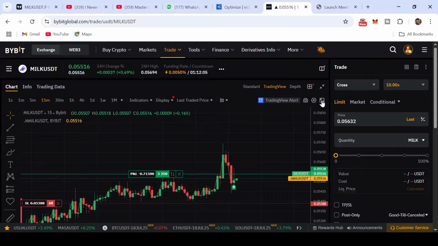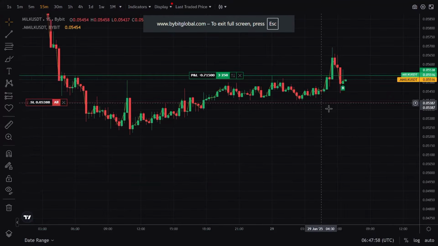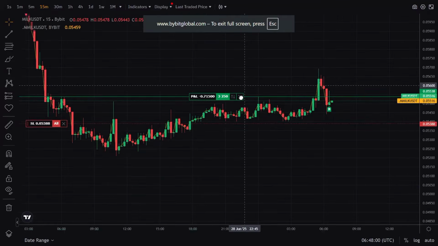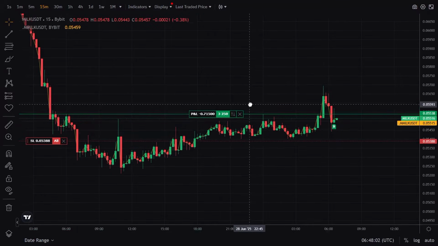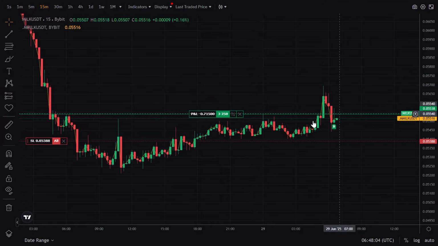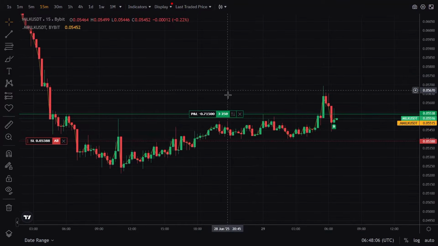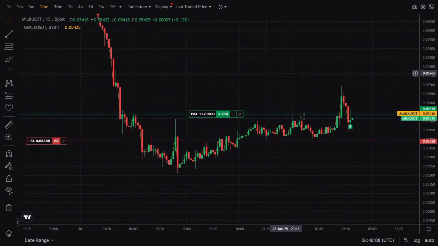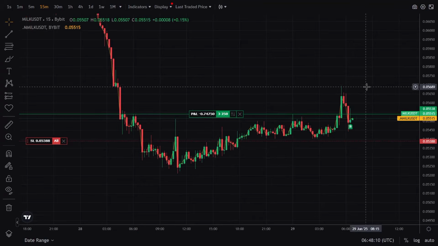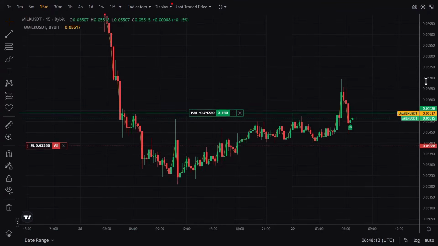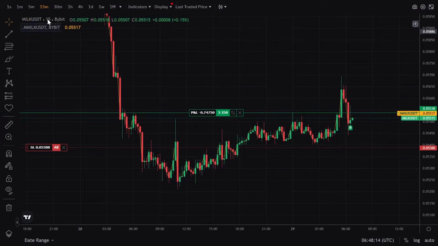So I'm going to put this on a maximized plane right here on my Bybit desktop, and I will show you how I got into this amazing trade, guys. What time frame is this? This is the 15 minutes time frame.